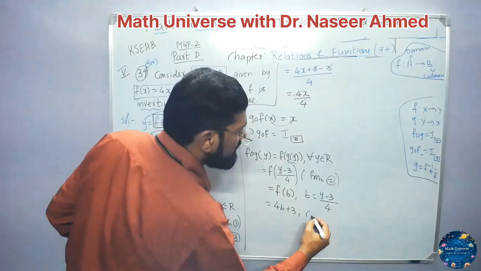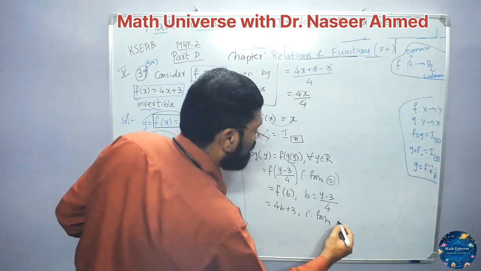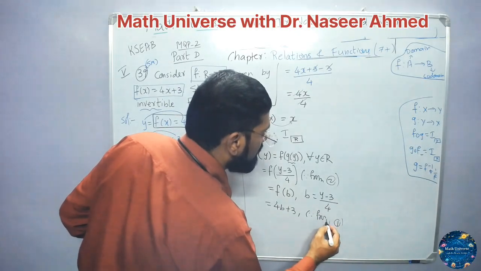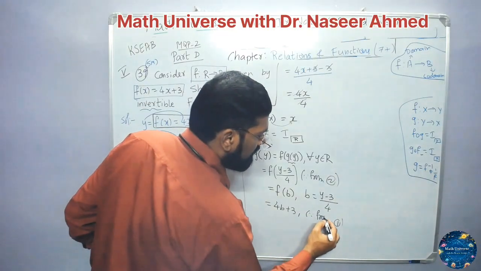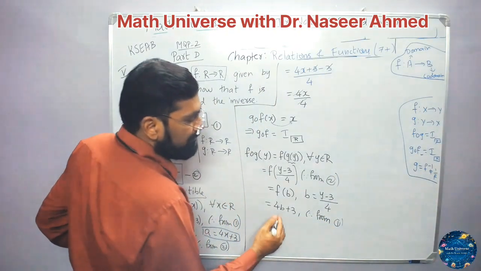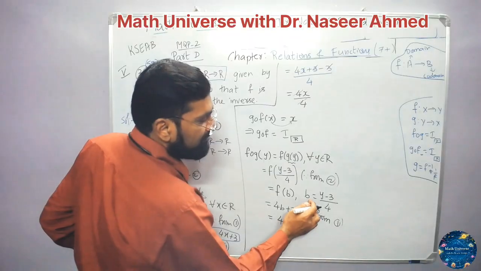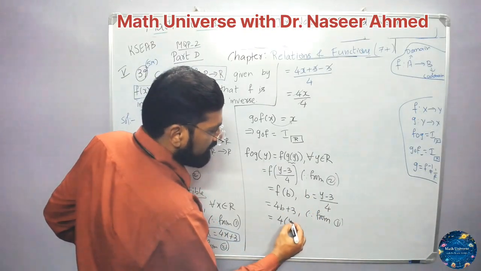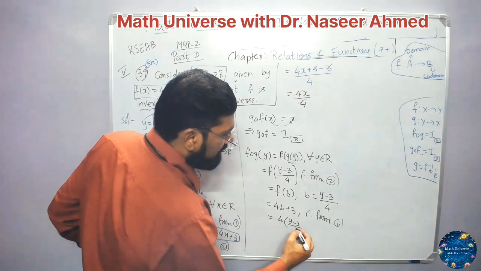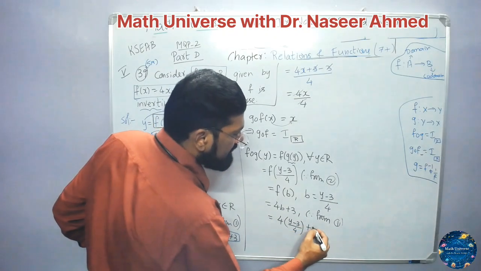How I got this? From equation number 1. Now, just write it neatly. But now what is B? See carefully. In place of B, this entire term, 4 into B. So bracket. Then what is now? Y minus 3 divided by 4, plus 3.